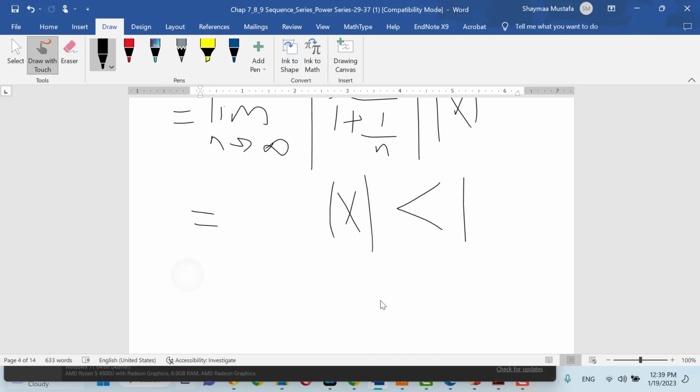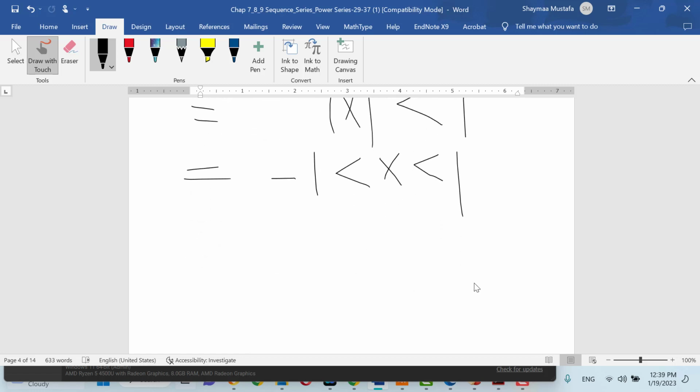To solve the absolute value of x less than 1, it means x is between -1 and 1. So -1 and 1 is your interval.